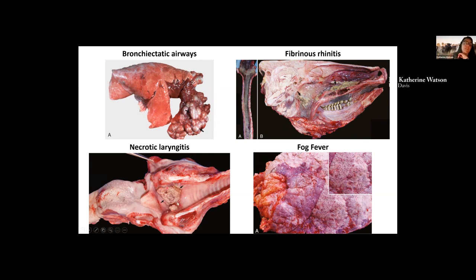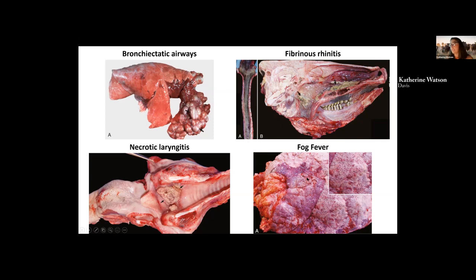And then that allows the commensal bacteria, the bacteria that normally live there, to overgrow and cause disease. Then you can imagine if this is a bunch of bacteria and inflammatory cells and fibrin, it's really easy for pieces of this to break off and then go down into the lung, right? So that can also lead to pneumonia, and it can lead to systemic disease that can kill the animal.